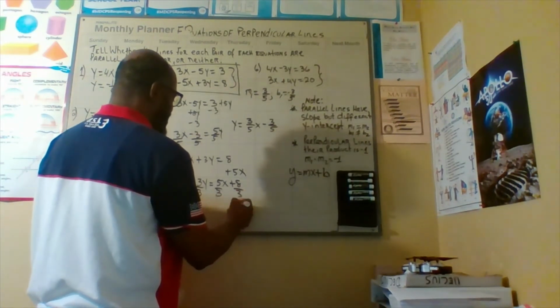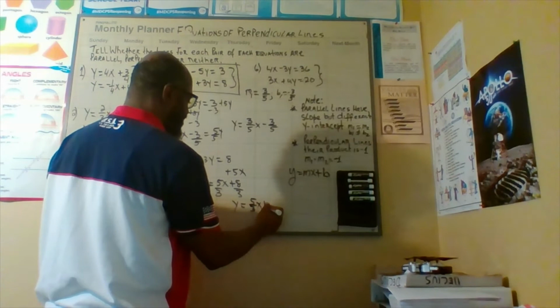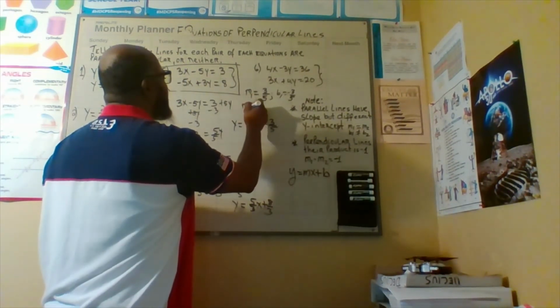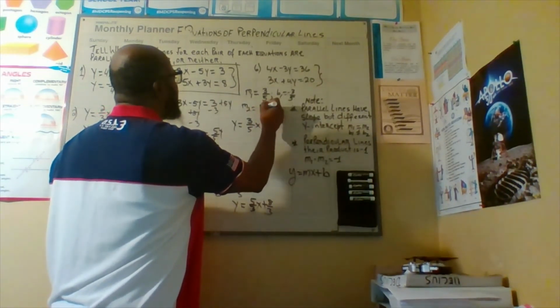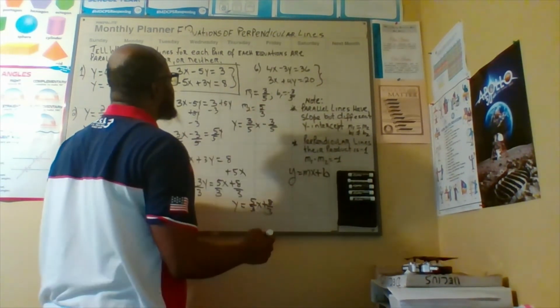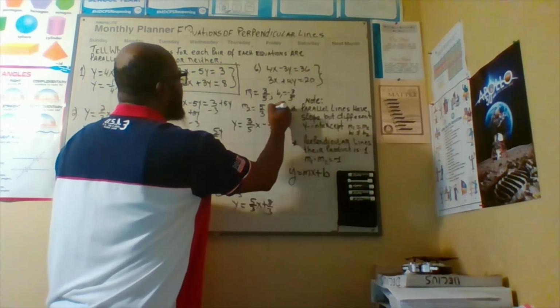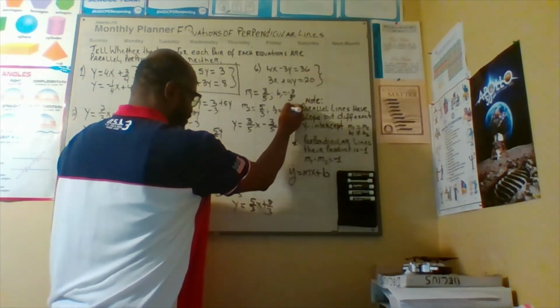Then I will have y equal 5/3 x plus 8/3. Now m2 is equal to 5/3, and b2 is equal to 8/3.